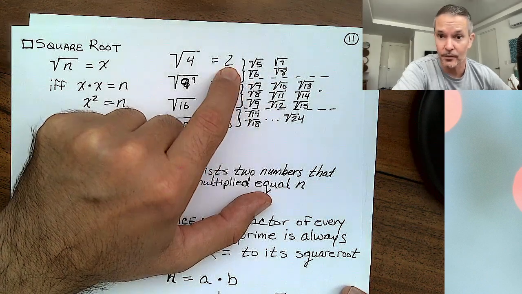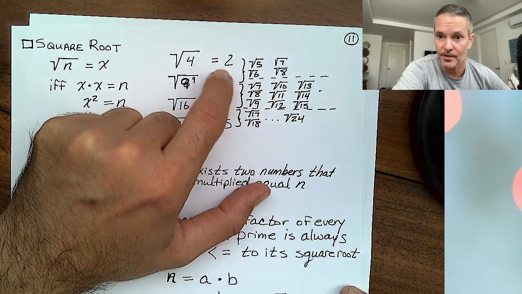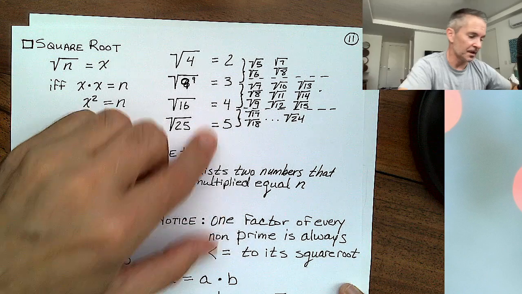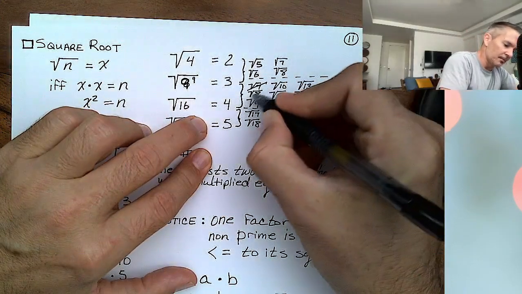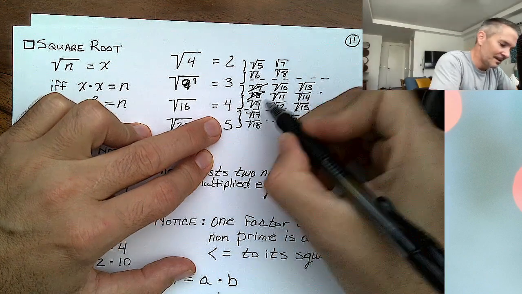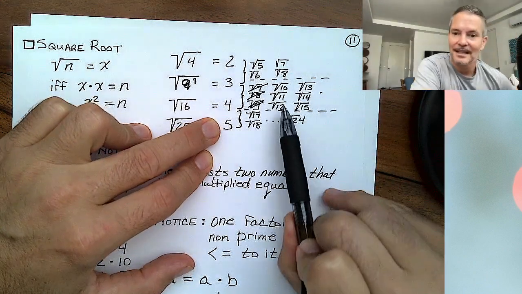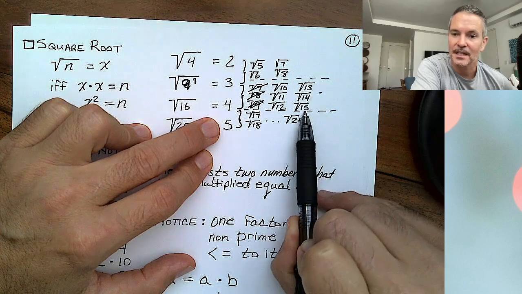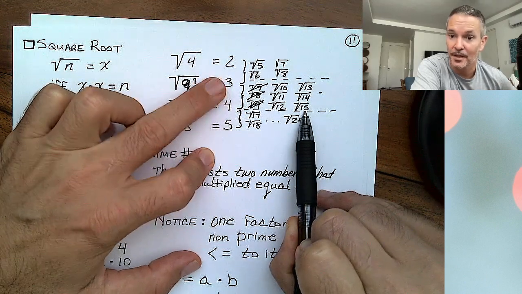It's got to be greater than 2, so the square root is in here somewhere. And the same thing here for the square root of 10, 11, 12, 13, 14, and 15. Okay, they're somewhere between 3 and 4.